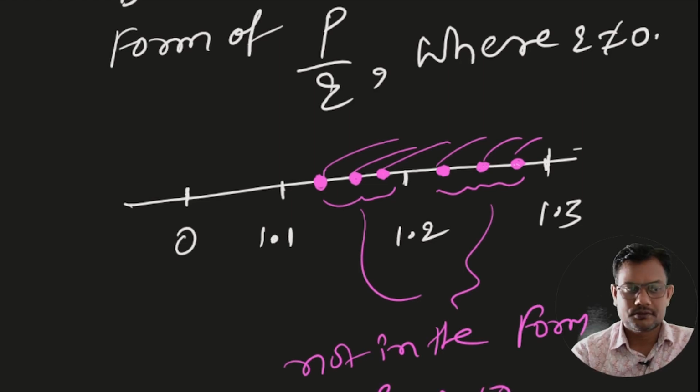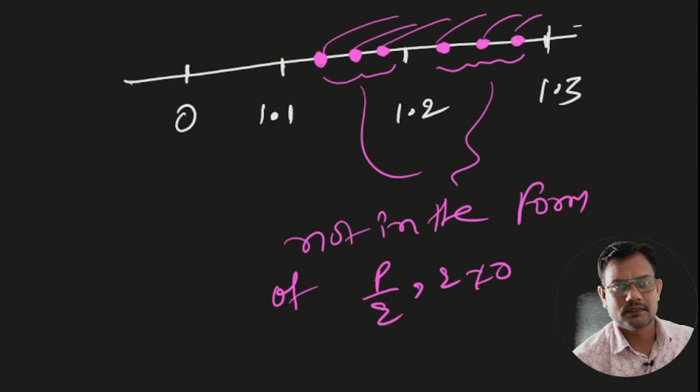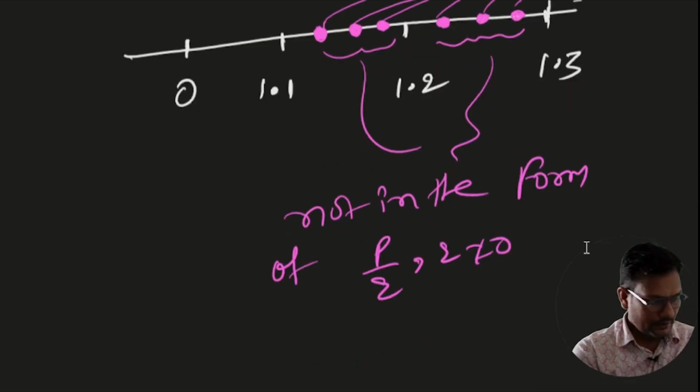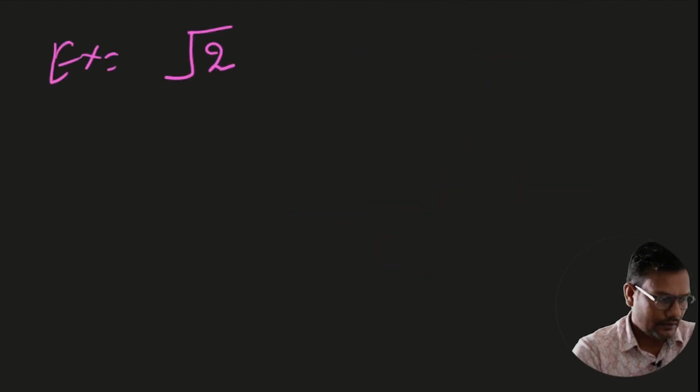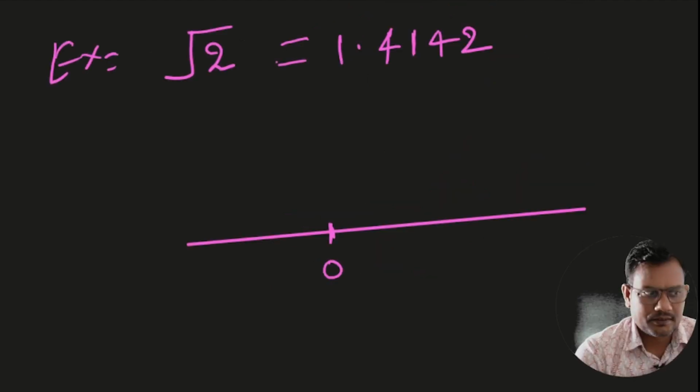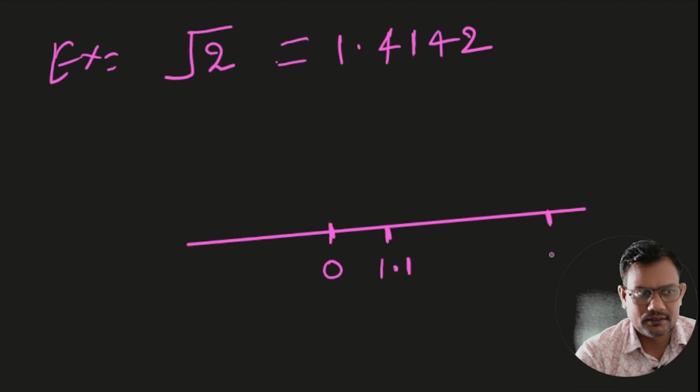See the example, root 2. Understood? Here is the 0, here is the 1.1, here is the 1.3.